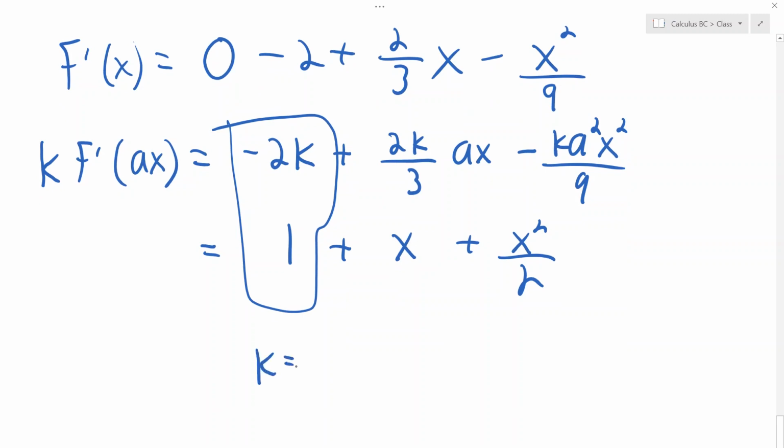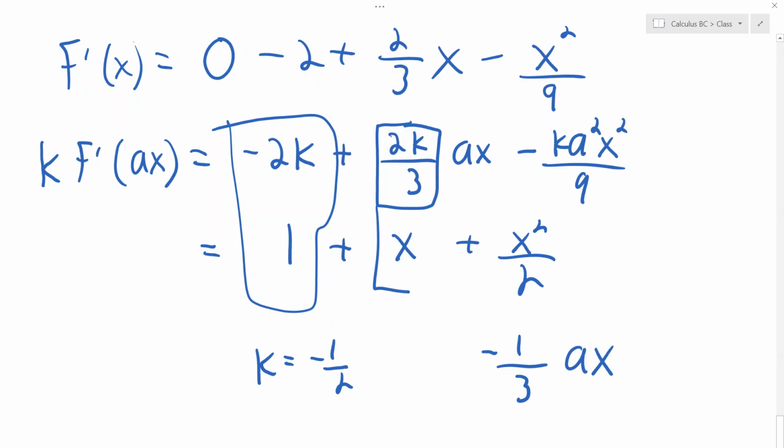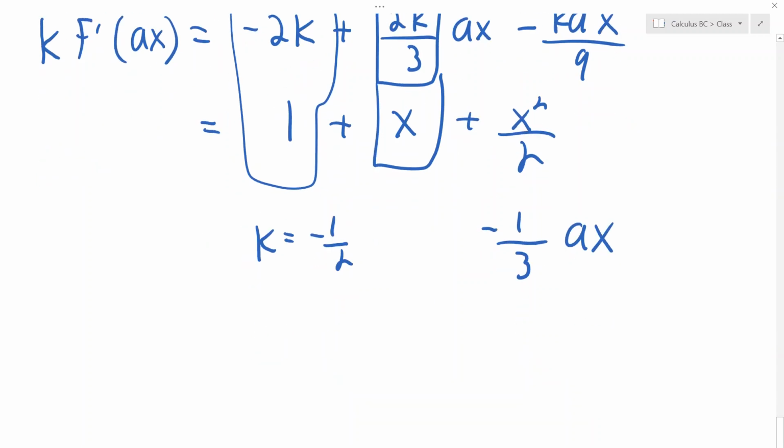And once I know k is negative a half, this becomes negative 1/3 ax. But that has to equal x. Well, the only way that's going to happen is if a is negative 3. So there's 2 ways you can attack that. All right. Great job.